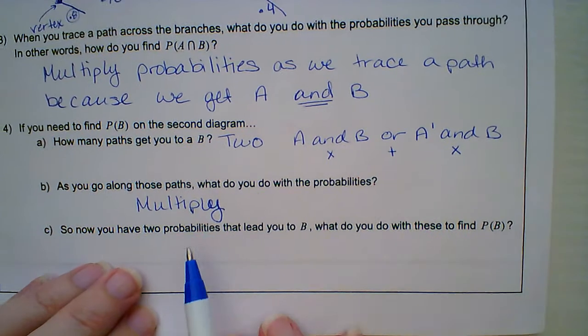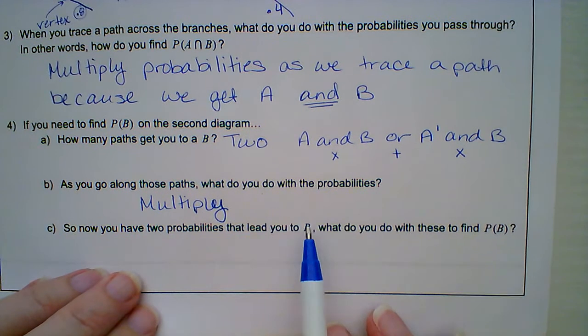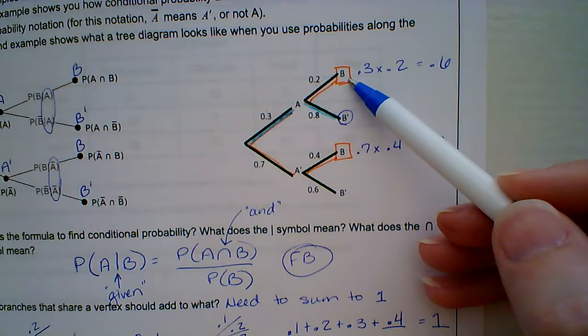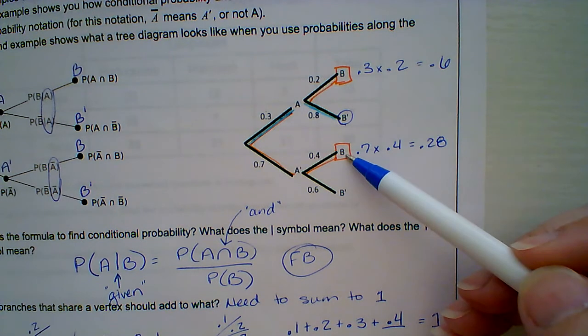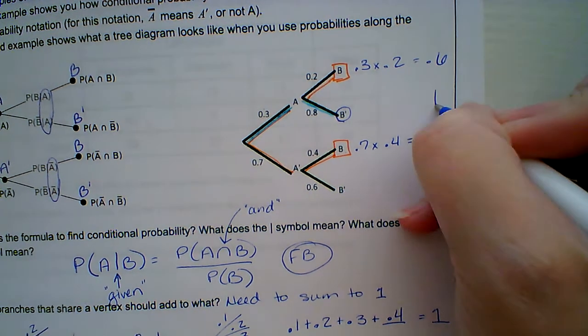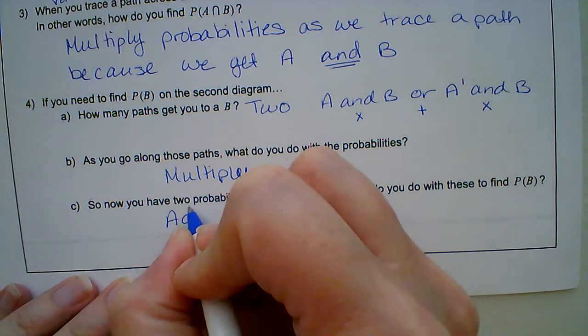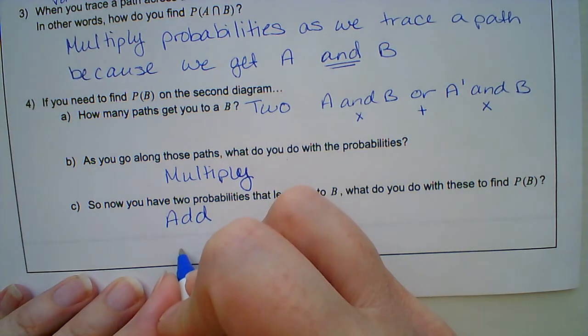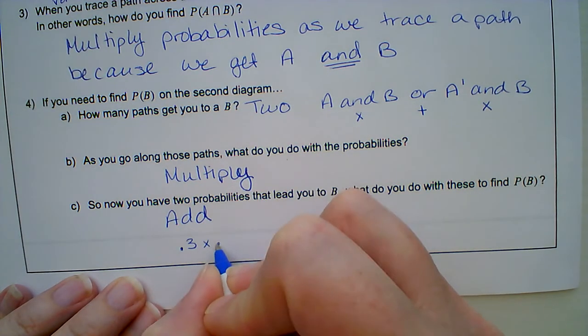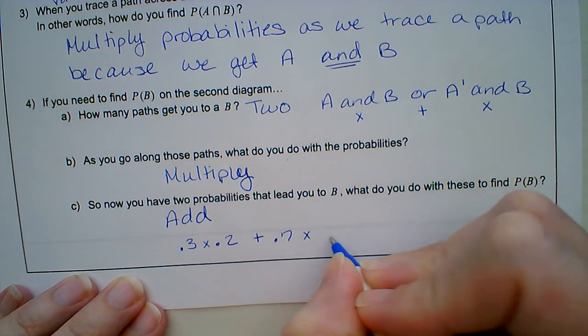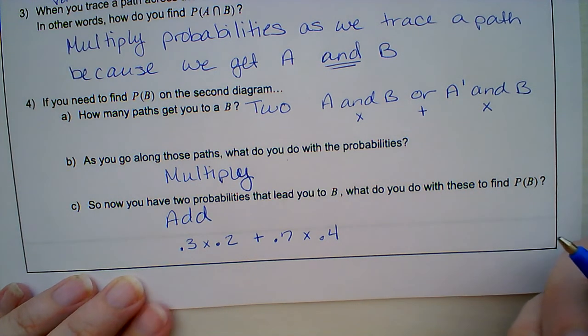And so now I've got 2 probabilities that lead me to B. What do we do with them? Well, remember, I can have this path or this path. What do we do with the ors? We add these together. So I'm ultimately going to get 0.3 times 0.2 plus 0.7 times 0.4.